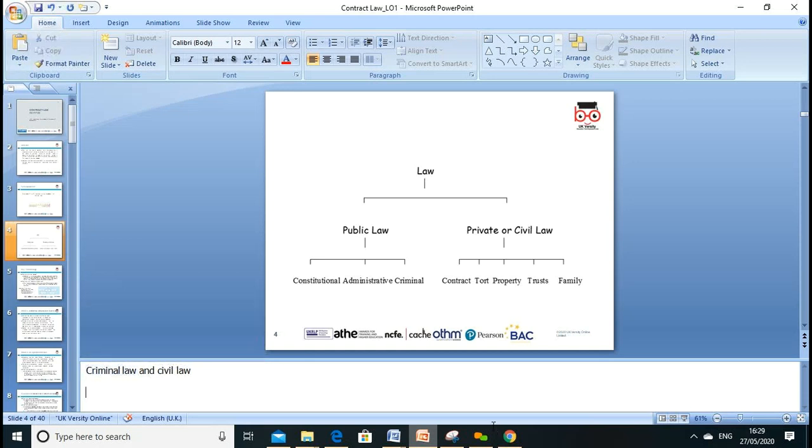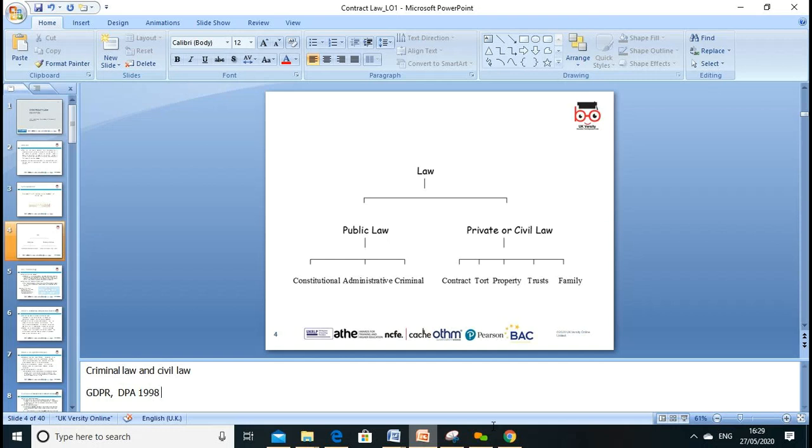So if we say GDPR, we all know GDPR? It's called the General Data Protection Regulation, yes? And the old 1998 DPA, Data Protection Act.